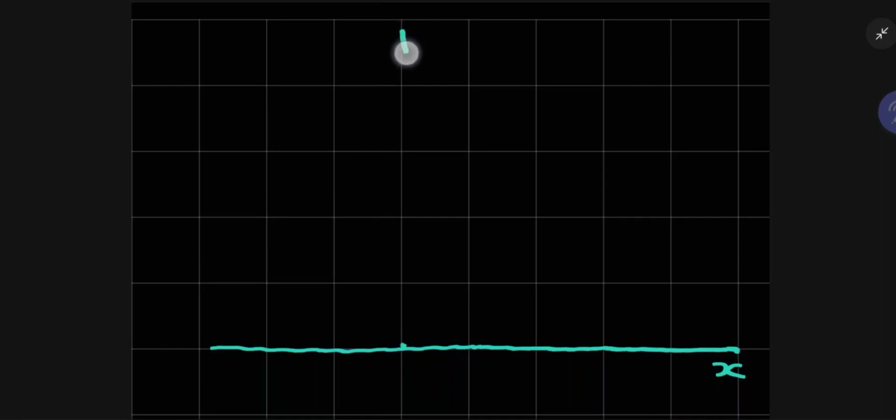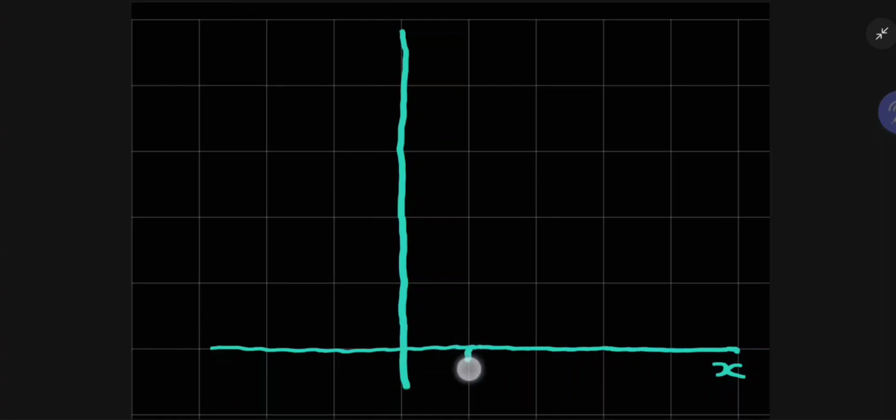Let me choose a thinner pen. Okay, this is our x-axis, and this is our y-axis. So we'd call this point the origin.